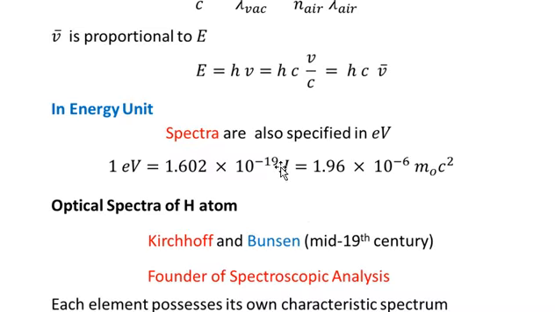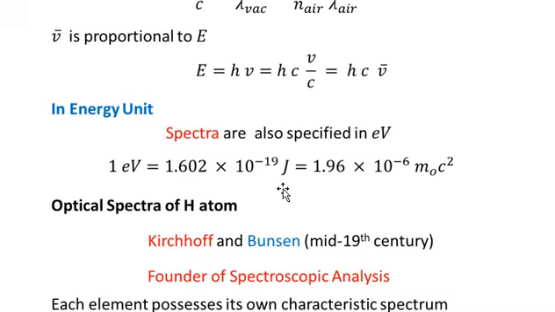You can also express this joule in terms of m naught c square. For example, if you use the formula E is equal to mc square, then you can write that formula for the rest mass energy of an electron, E is equal to m naught c square. And m naught c square also has the unit of joule. So you can divide the joule by m naught c square, where m naught is the mass of the electron and c is the speed of light.